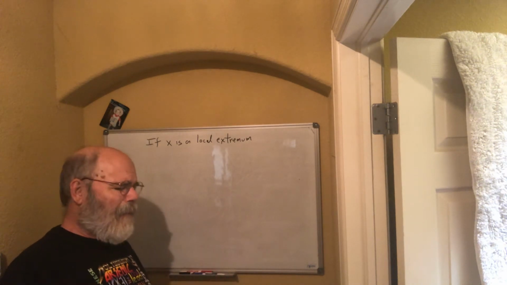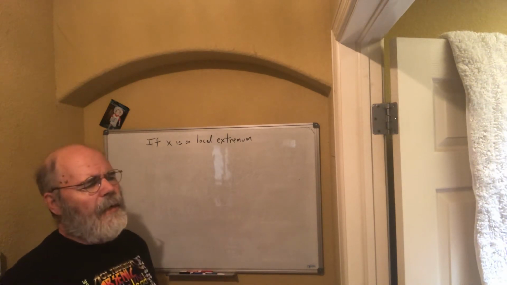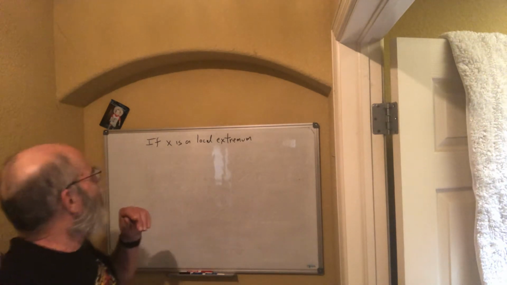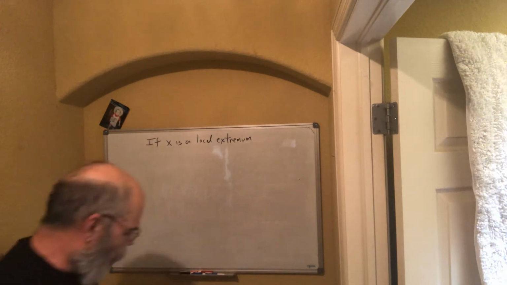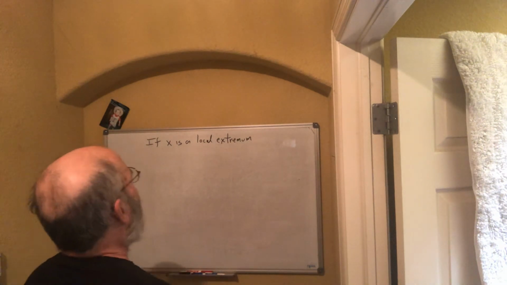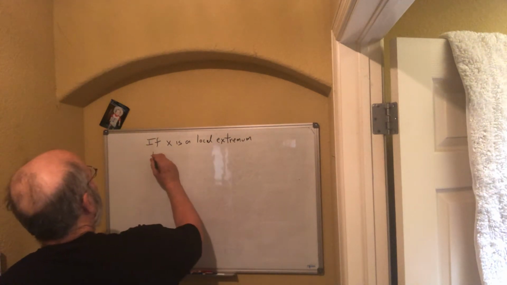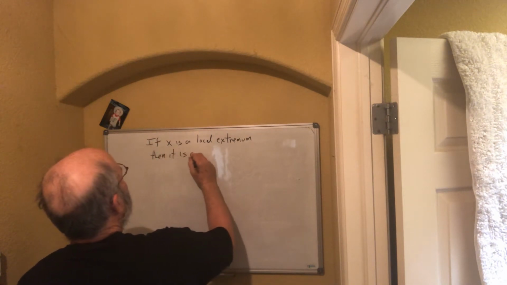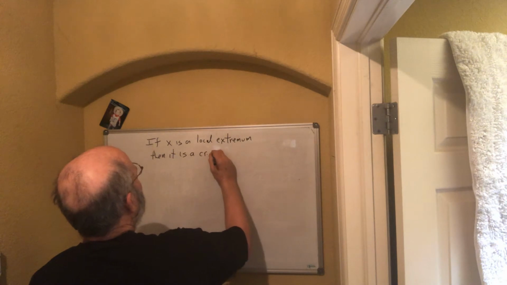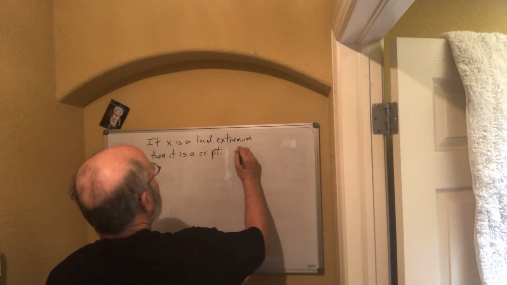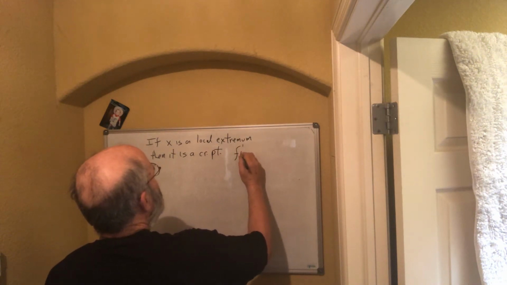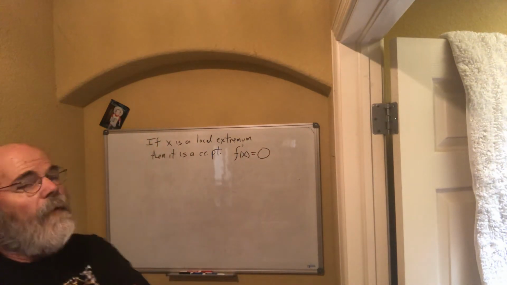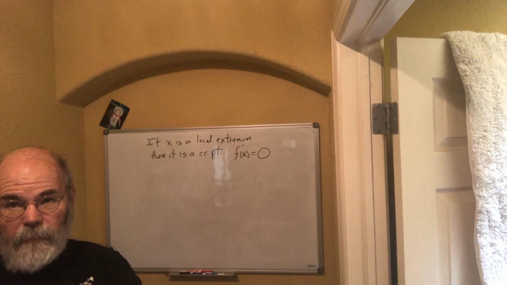In fact, if you're doing a maximization, all you got to do is stick a minus sign and you can turn it into a minimization. Anyway, then, if x is a local extremum, then we know it has to be a critical point. Okay, in other words, the derivative of that point must be 0.